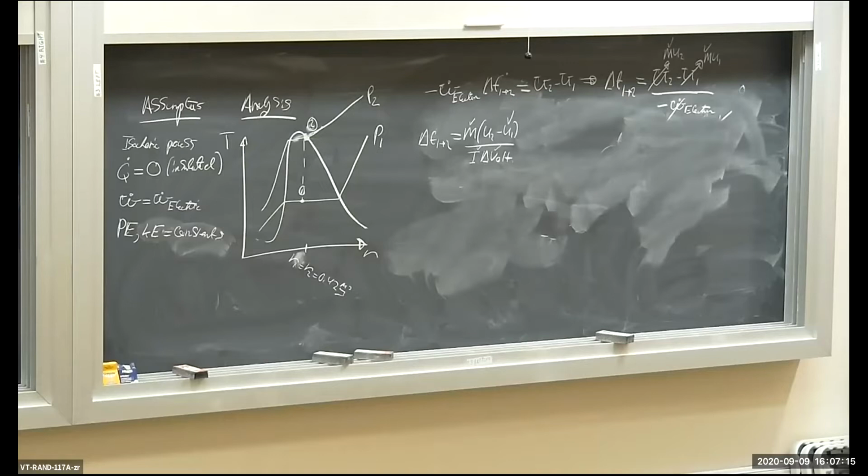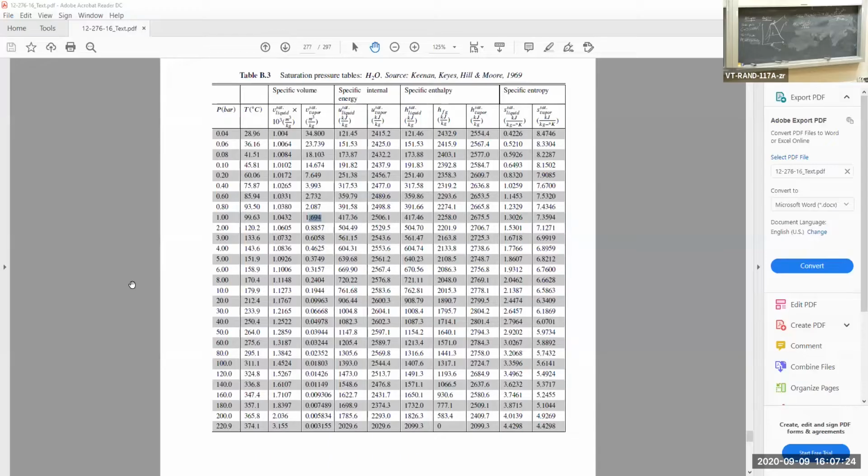All right, let's go back here and see if we can find, for the saturated vapor, a specific volume of about 0.42. Might have to do a little interpolation here. Vapor, 0.4, I see a 0.46, and I see a 0.37.